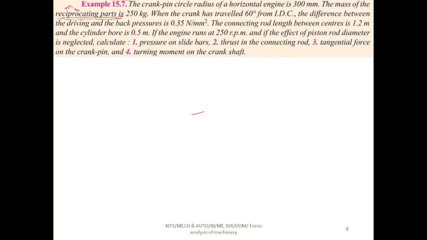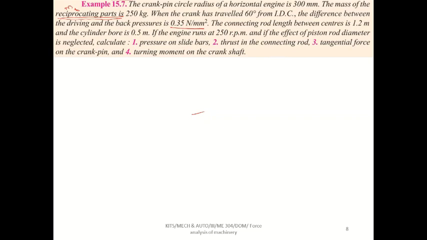When the crank has traveled 60 degree from the IDC, the difference between the driving and the back pressure, they gave the P1 minus P2 value, is 0.35 Newton per mm square.